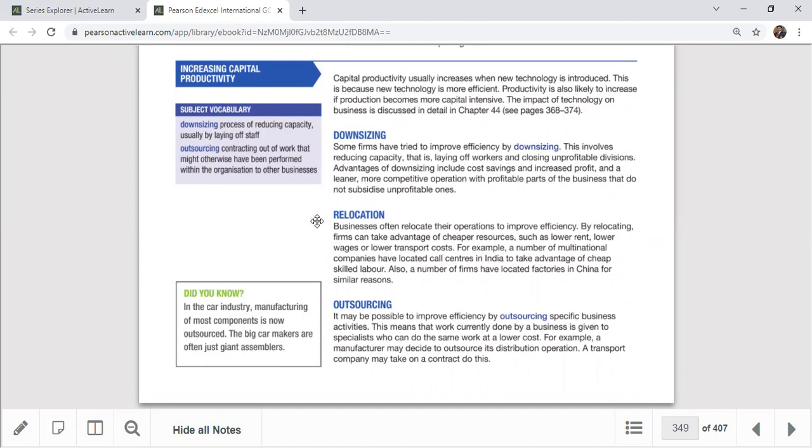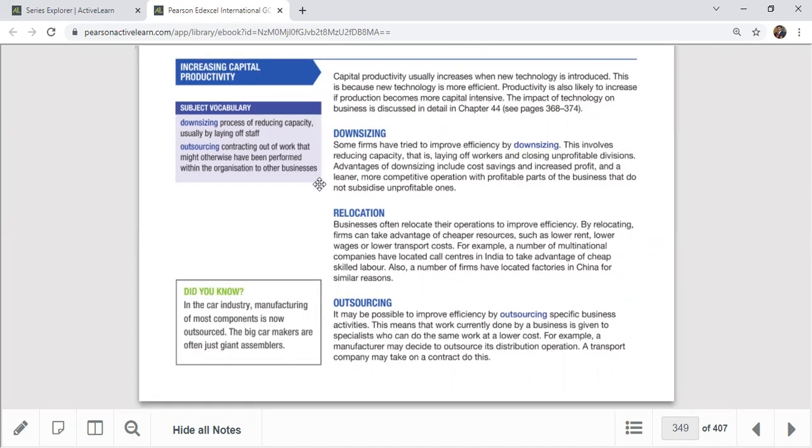I told you about downsizing, reducing capacity by laying off staff. Relocation: you can relocate to low-cost countries. Outsourcing is contracting out work that might otherwise have been performed within the organization to other businesses, such as security, cleaning, and canteen. These are the methods of improving productivity.